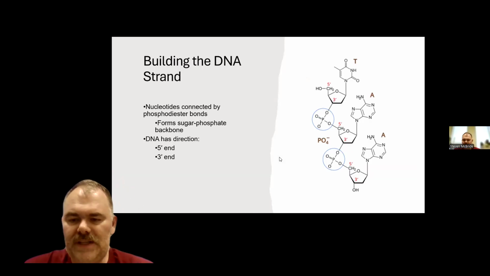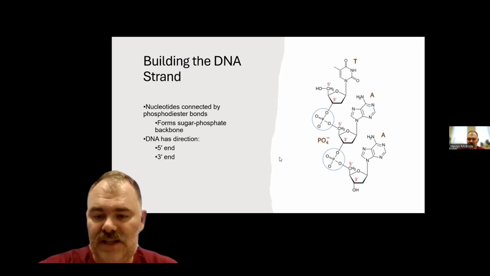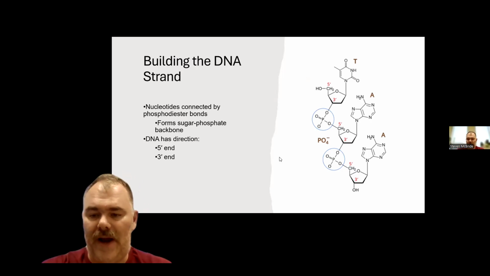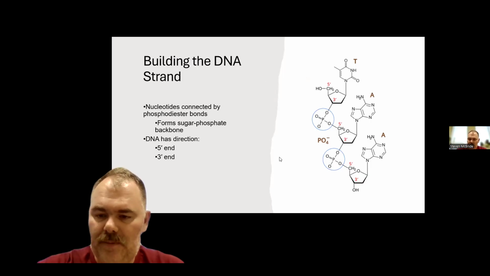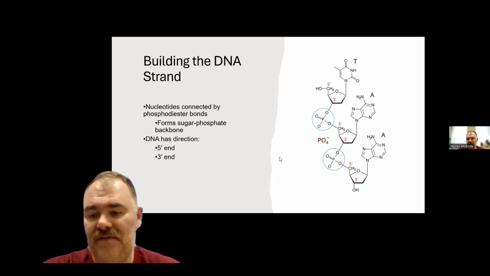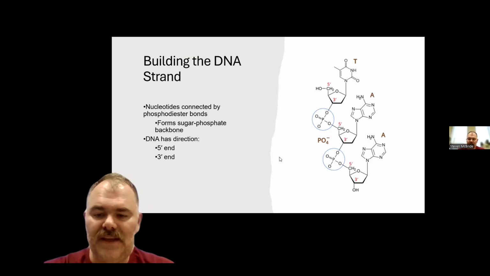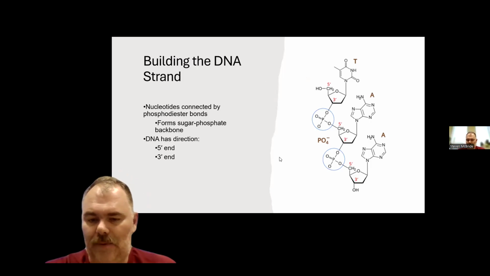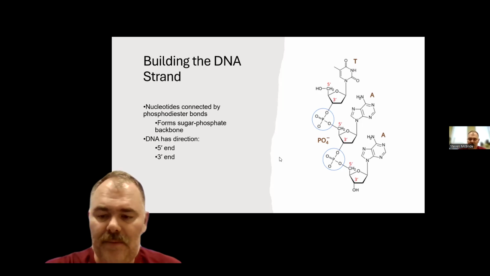Now here we see the nucleotides connect together to form a strand of DNA. The phosphate group of one nucleotide binds to the sugar of the next nucleotide, creating the sugar phosphate backbone. Notice that the strand has directionality with a 5' end and a 3' end. The direction is based on the numbering of carbons in the sugar, right?